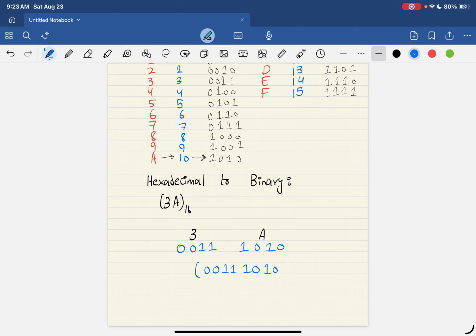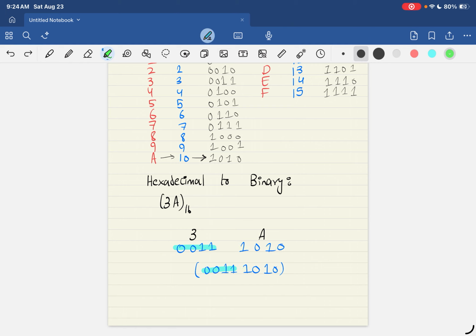Okay, so notice that this is not some new binary number that I've written. I've just collected the four bits of 3 and the 4 bits of a in order, and I've written them together.